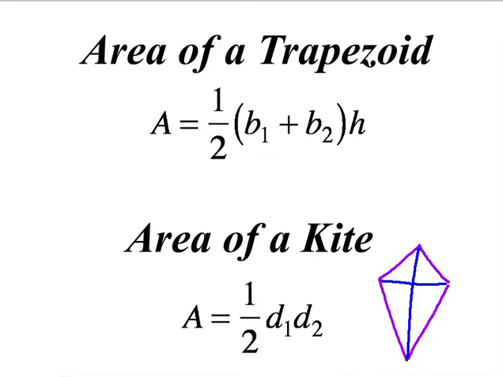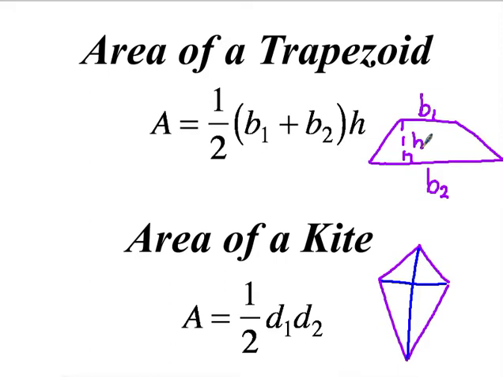Now, let's go back to the trapezoid, just to make sure we understand what we have here. Here's a trapezoid, something like this. Here's base 1, here's base 2. It doesn't matter which one is which. You could have B2 be the top one and B1 be the bottom one, just as long as it's the 2 bases. Your height is always the perpendicular distance.